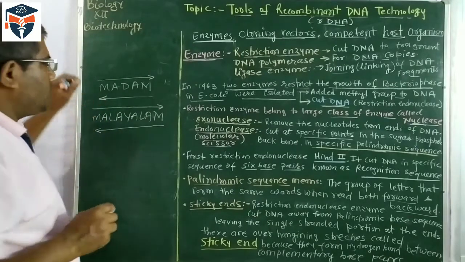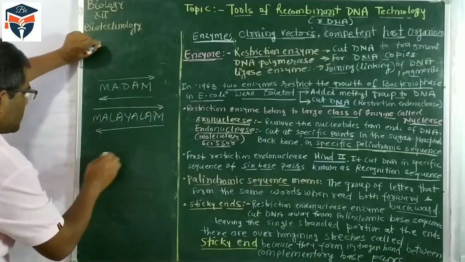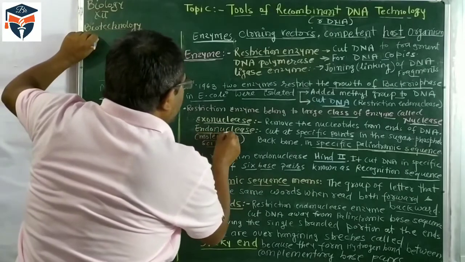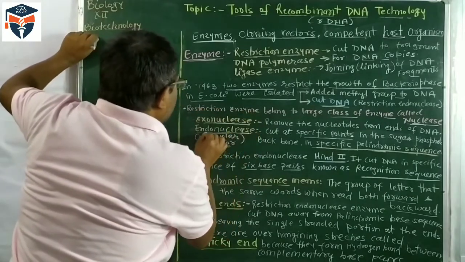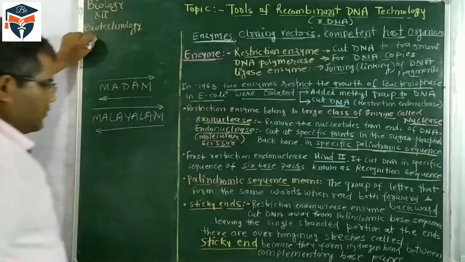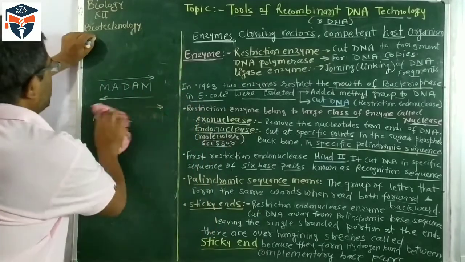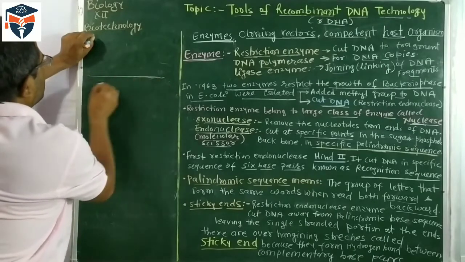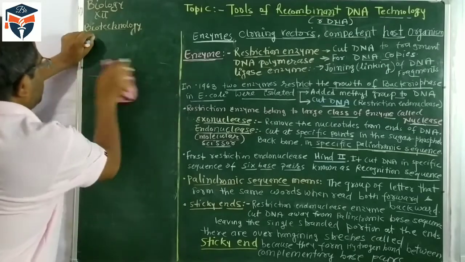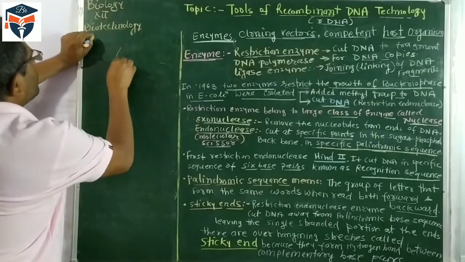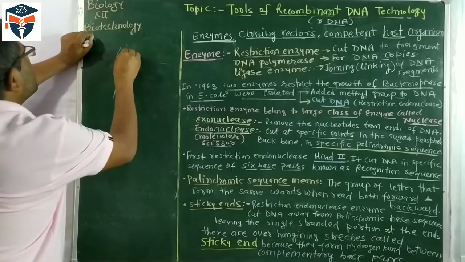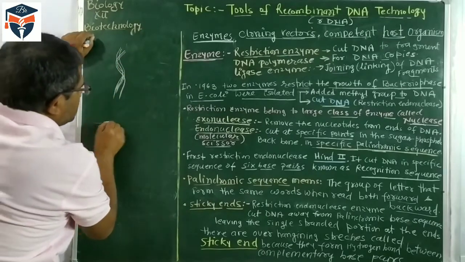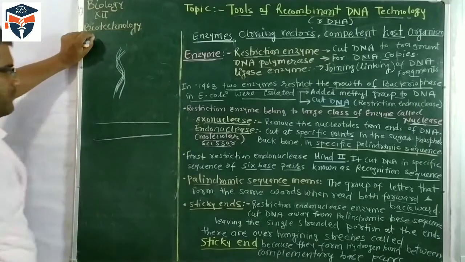So in DNA also, the DNA molecule is cut due to the restriction endonuclease enzyme. This is the double helical structure of DNA, and when the DNA molecule is cut, we get a fragment of the DNA.